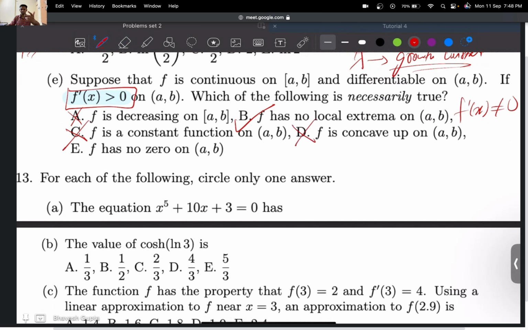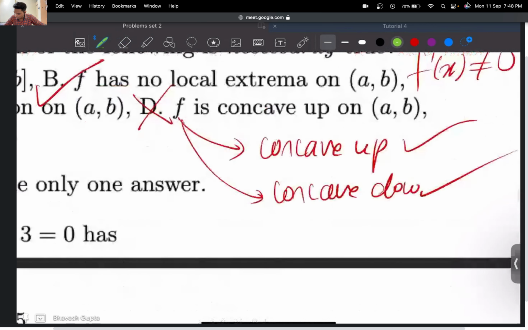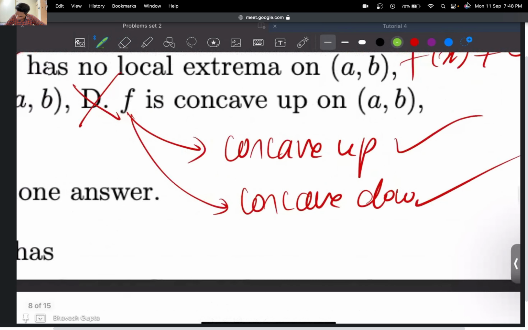It can be both. f can be concave up, can be concave down. How can we know which is concave up and which is concave down? The way you can know is that for concave up, the second derivative is greater than 0, and for concave down, when the second derivative turns out to be negative.